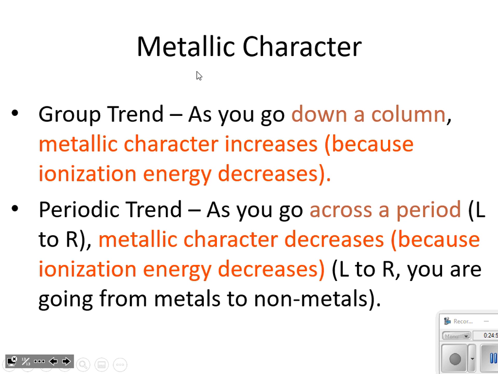Well, it makes sense, because as we go across the period, don't we go from metals to metalloids to nonmetals? So we would think that the metallic character would be decreasing. So that does make a little bit of sense.